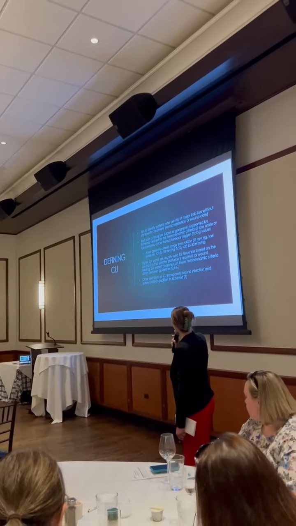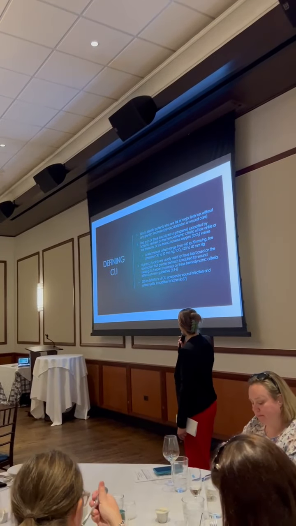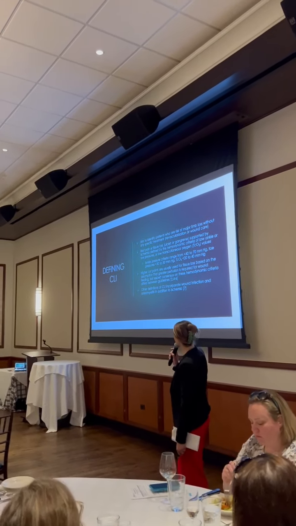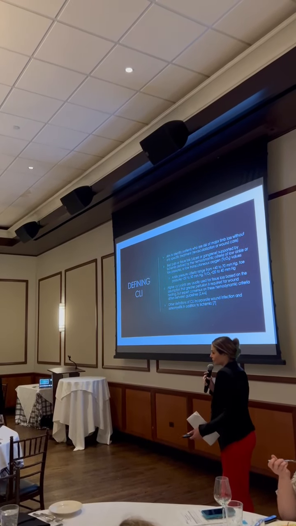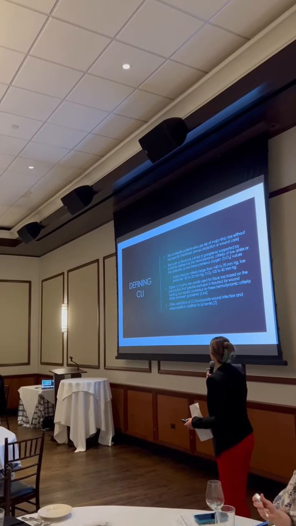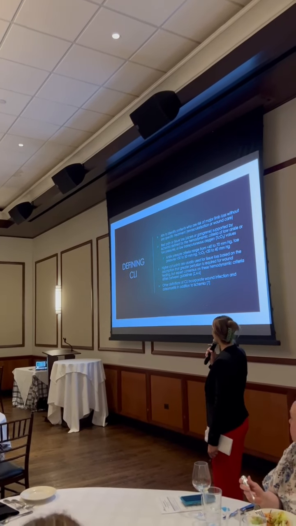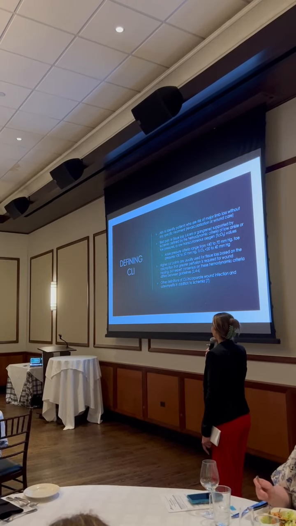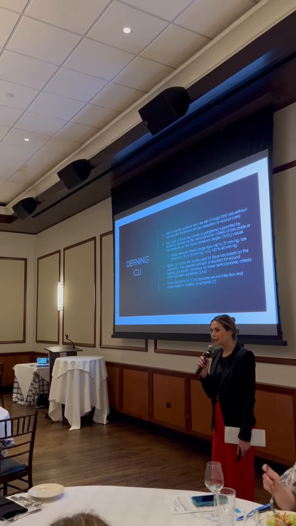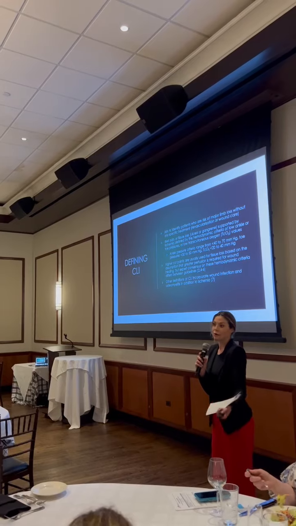Toe pressures of less than 30 to about 50 millimeters mercury define critical limb ischemia, but the normal range can be anywhere greater than 40. So there's a discrepancy in our definitions. And transcutaneous oxygen pressure of less than 20 to about 40 defines critical limb ischemia, but realistically, our cutoff is 30?